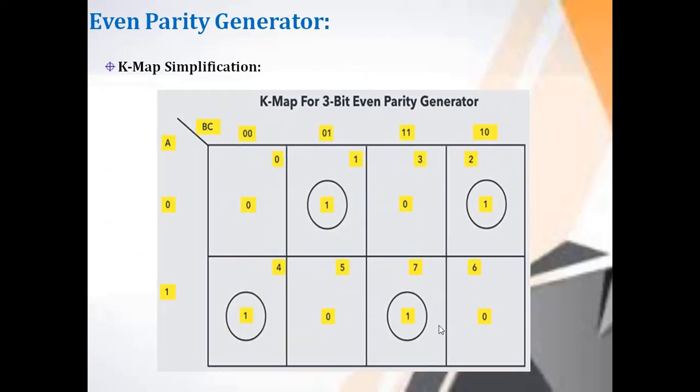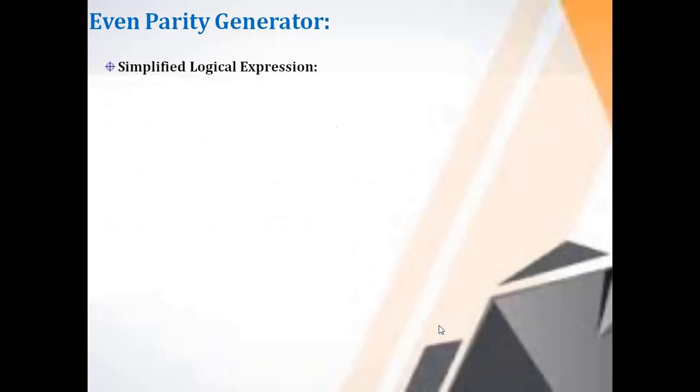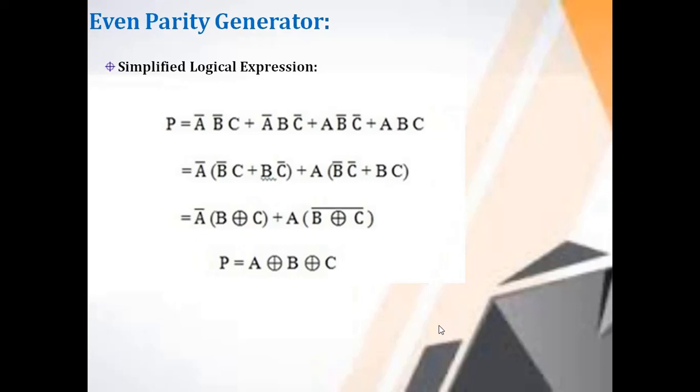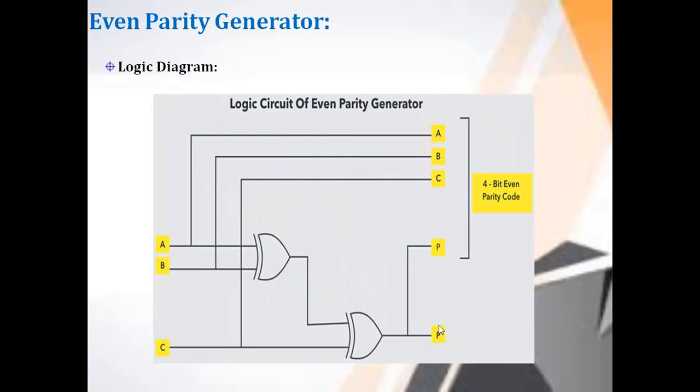This is the K-map simplification of our truth table, which was given in our previous slide. From this K-map simplification, we get the simplified logical expression of the even parity generator: the parity bit P equals A XOR B XOR C. From this simplified expression, we can create the logic diagram using XOR gates.